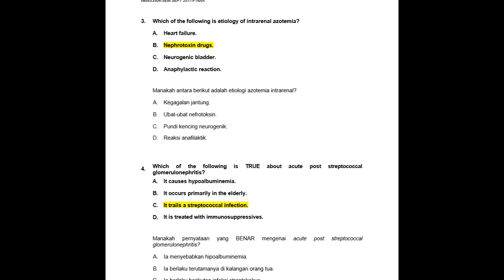So an anaphylactic reaction may also be an indirect cause for azotemia, but it's also not intrarenal, the cause within the kidney. So the answer for the third question is nephrotoxin drugs, because it asks about the intrarenal reason for azotemia.